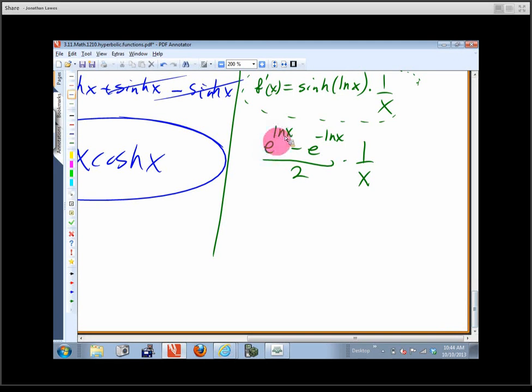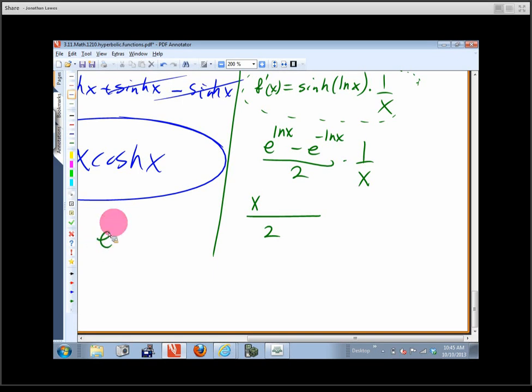What do these two make? Yeah, they're inverses of each other, so that's going to make an x. So I've got an x. This is a 2. What do these two make? Just a positive x? Careful. So here's what I want to know. Okay? Don't worry about the negative in front.